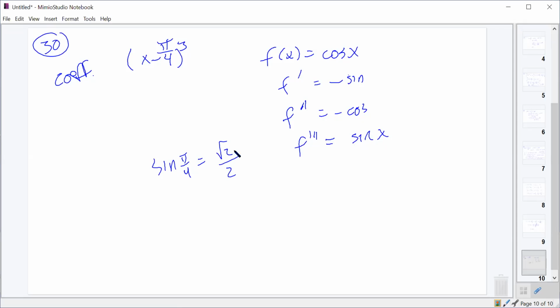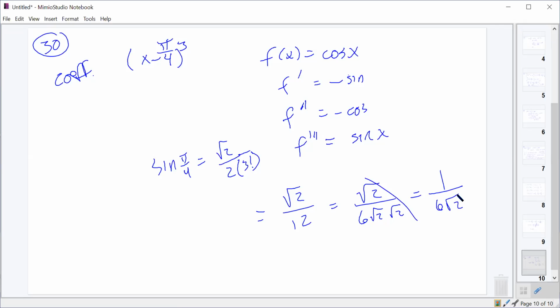And then since this is to the third power, we're going to multiply that by 3 factorial. So that gives us root 2 over 12, which is not one of the answer choices. Well, yeah, so root 2 over 12 is root 2 over 6 times root 2 times root 2 over 6 root 2. So looks like it's choice D.